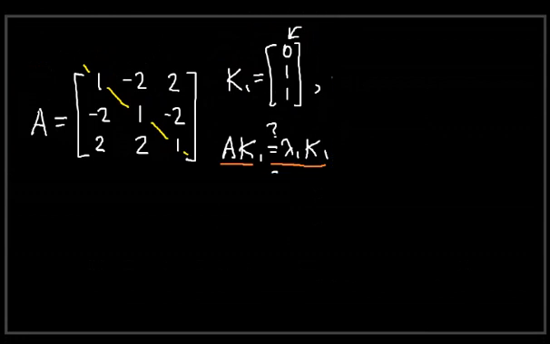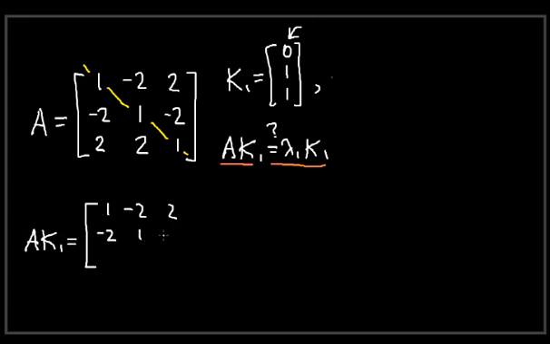So we have here A and K1, and we want to figure out if there is a lambda 1 that fulfills this equality here. And so for that, as we already said, we're going to multiply A and K1. So what is the product of A and K1? For the sake of clarity, let us do the multiplication of matrices in a bit more detail than we will do in the other two cases.